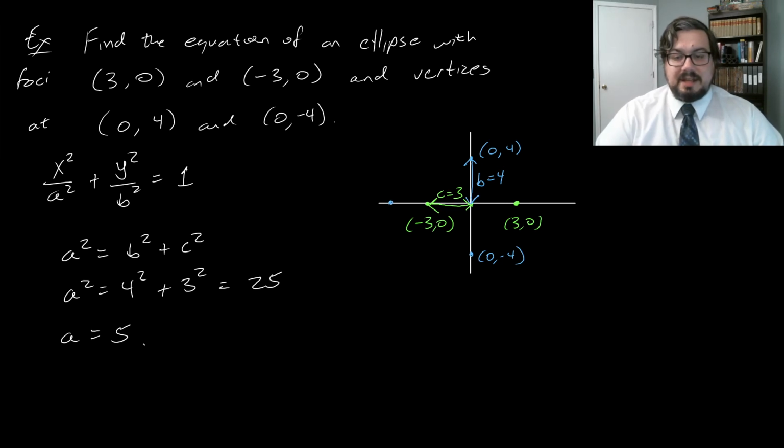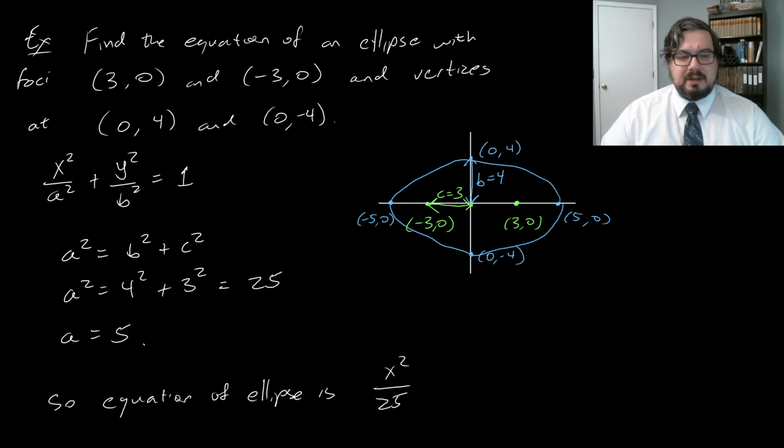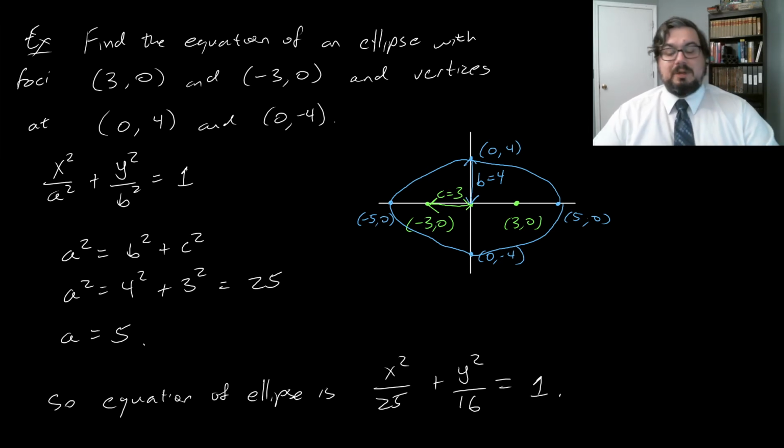First of all, it tells us that our vertices out here are at -5, 0 and at 5, 0. We can sketch out the ellipse if we want. And it tells us that the equation of the ellipse is x squared over 25 plus y squared over 16, because b is 4 in this problem, equals 1.